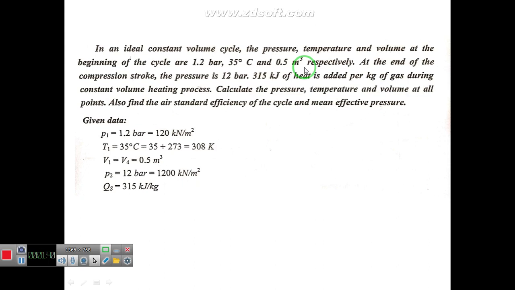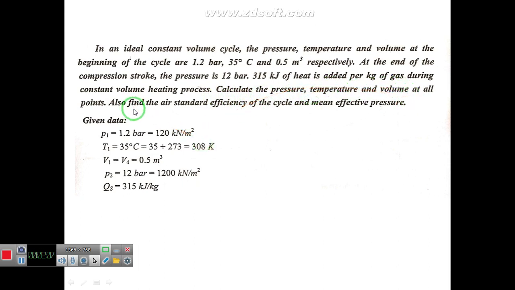Next, 315 kilojoules of heat is added per kg of gas during the constant volume heat addition process. In this problem we are finding the values of pressure, temperature and volume at all points.